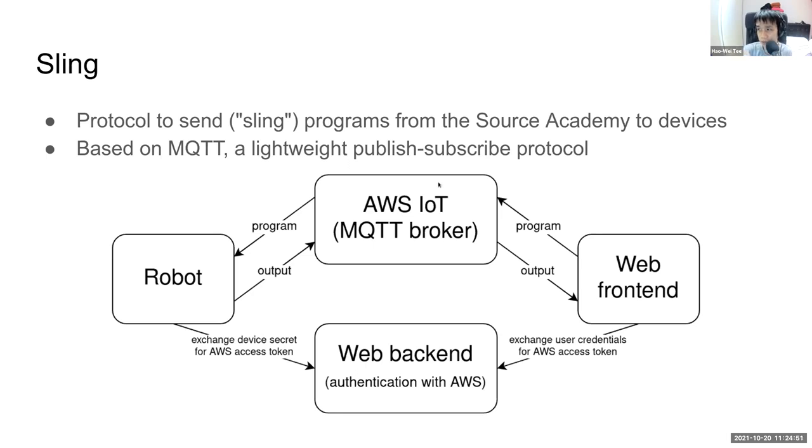In a nutshell, the web frontend sends compiled programs via the MQTT broker to the robot, which executes the programs and then sends the output back to the web frontend. By MQTT's nature as a publish-subscribe protocol, we get the ability for multiple users to connect to the same device at the same time for free. And status and output messages are broadcast to all of the connected frontends, so students can connect to the same robot at the same time.